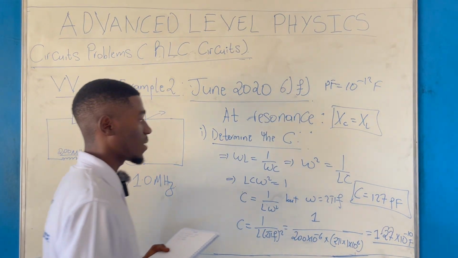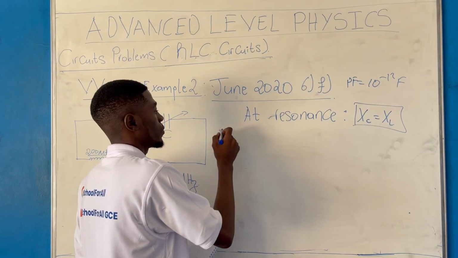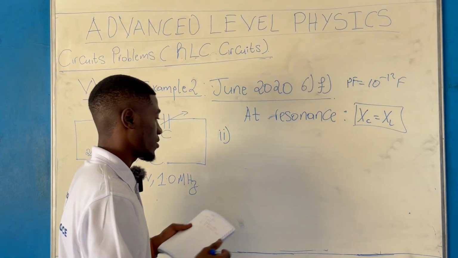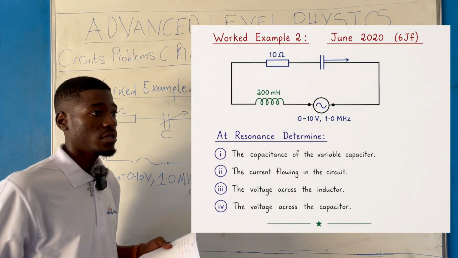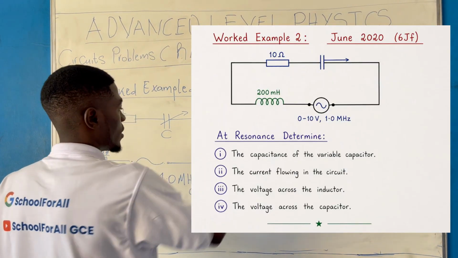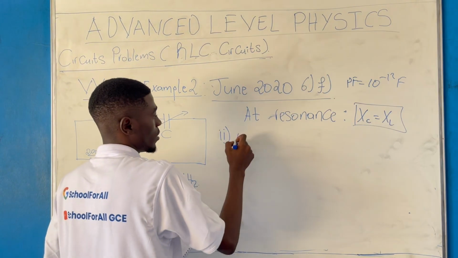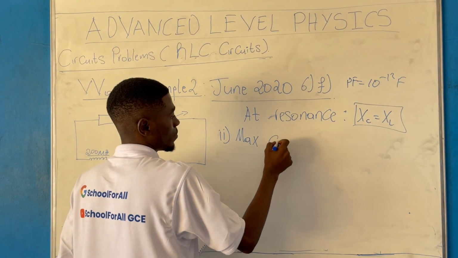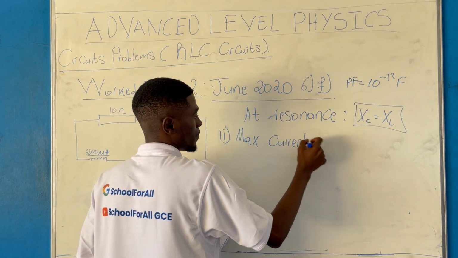Now let us move to Roman 2. We are still at resonance, and we are asked to find the current flowing in the circuit. We all know that at resonance the current in the circuit is maximum, so we are calculating the maximum current.